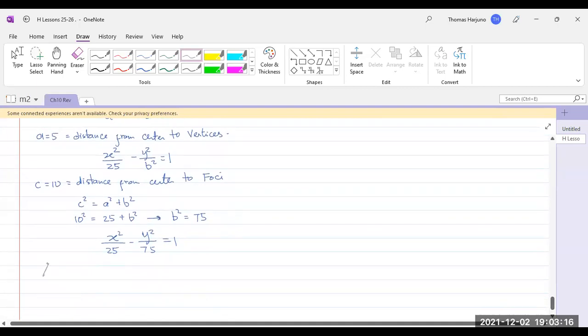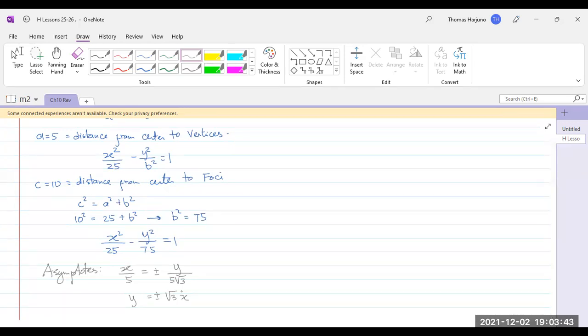But the asymptotes are x over 5 equals plus or minus y over the square root of 75. So y equals plus or minus square root of 3 times x. I multiplied both sides by 5 radical 3.